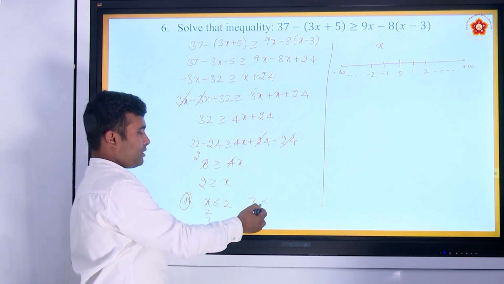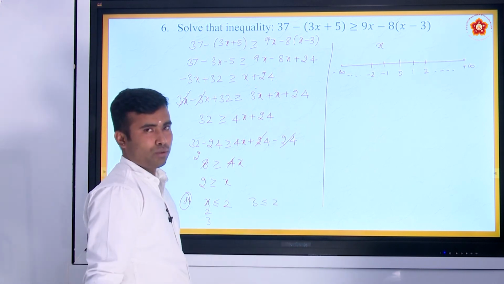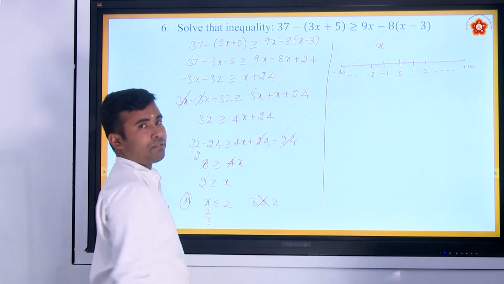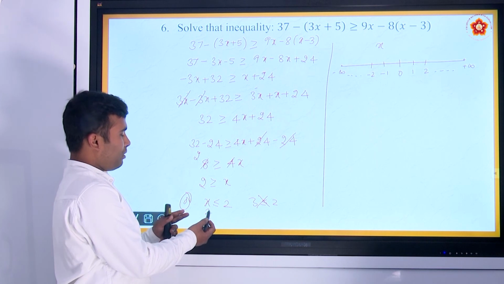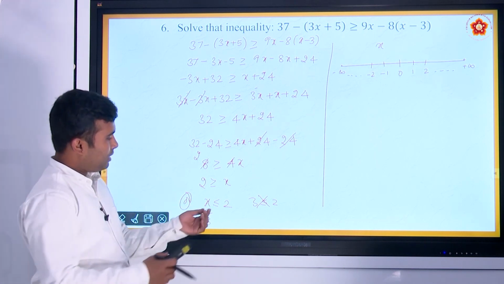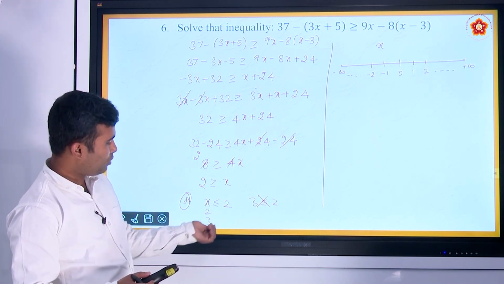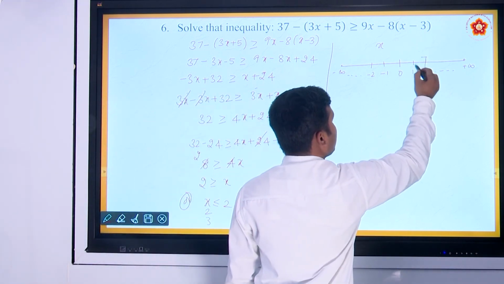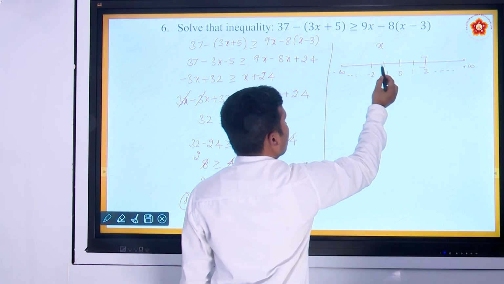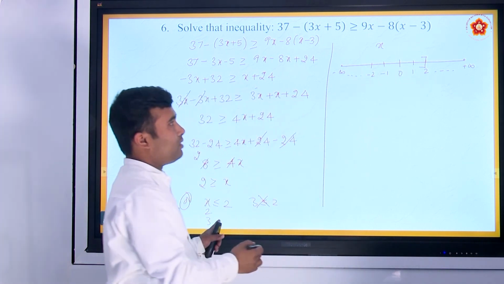Understand? 3 cannot be less than or equal to 2, right? So this cannot be satisfied. So we have to take the values for x equal to 2 and less than 2. 2 is included. These are the values which satisfy this.